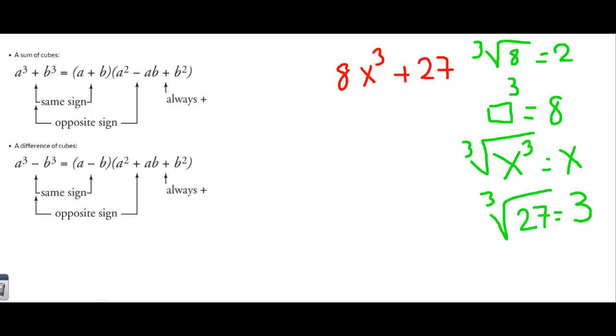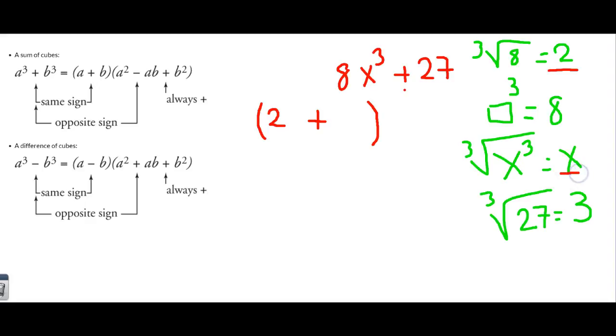Now, let's write our first parenthesis. Remember, the sign, since this is a plus, this is also a plus because it's the same sign. Now, what was the cubic root of 8? It was a 2, so the 2 goes here. What was the cubic root of x cubed?